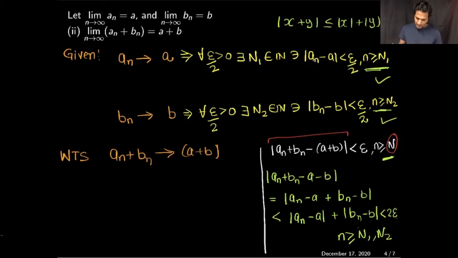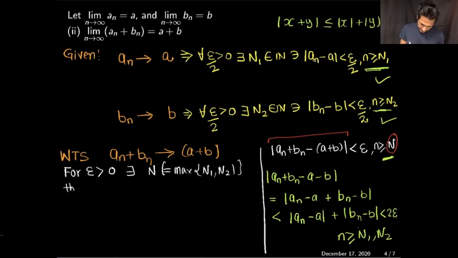Now I can choose my N here, or I can write down the proof actually. So for epsilon positive, there exists N. This N I'm going to choose is the max of N1 and N2.